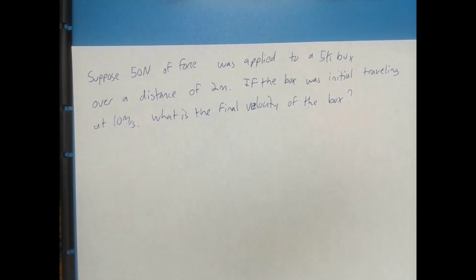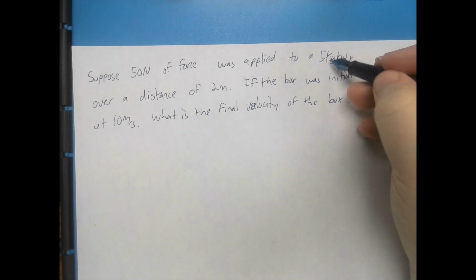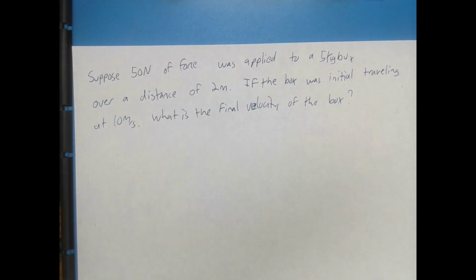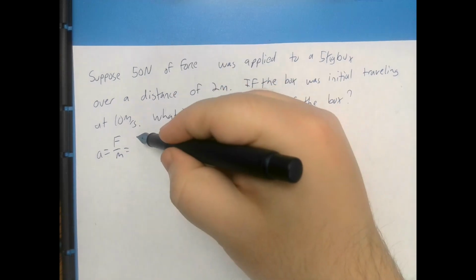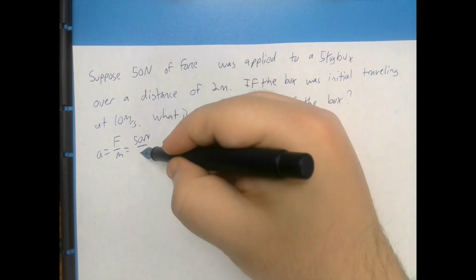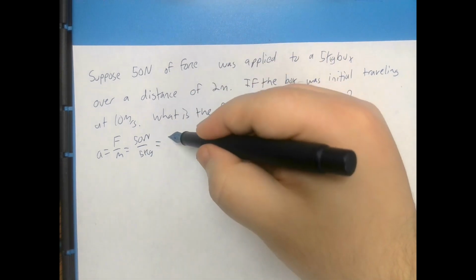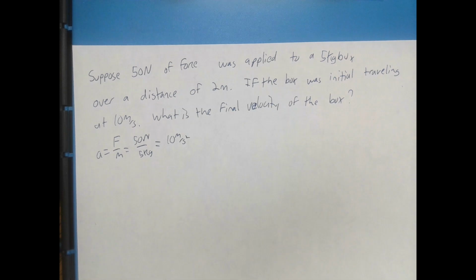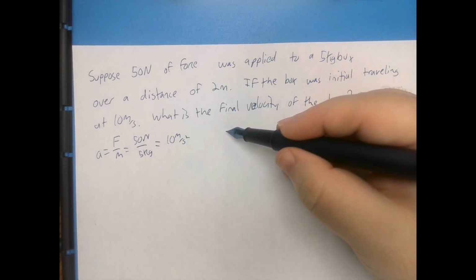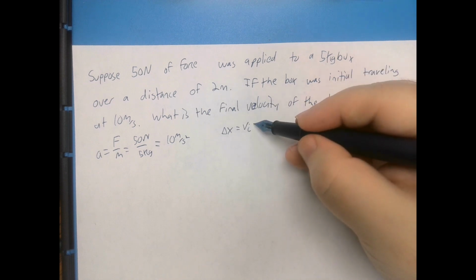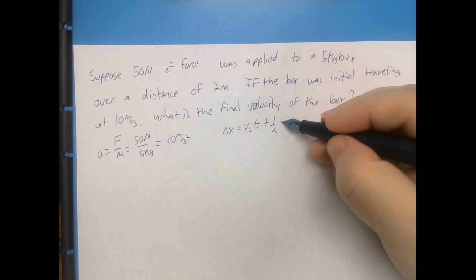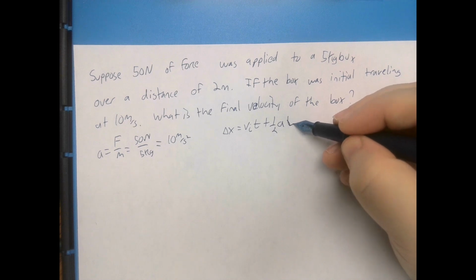Now, we can solve this by realizing that F equals ma. This is a 5 kilogram box, 50 newtons of force. That means acceleration is F divided by m. So 50 newtons divided by 5 kilograms gives us an acceleration of 10 meters per second squared. We can then apply our equation that delta x is equal to vi times t plus 1/2 a times t squared.